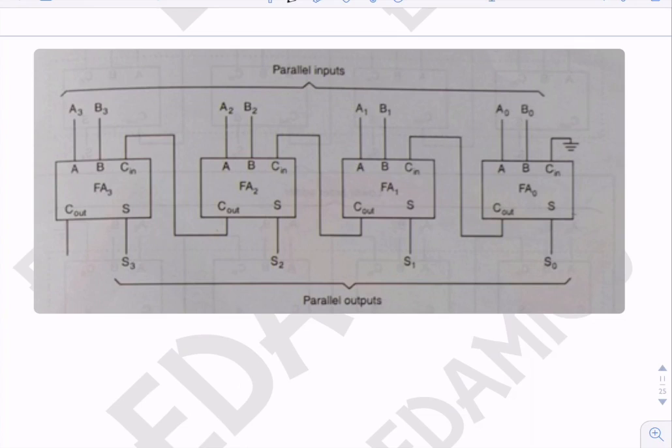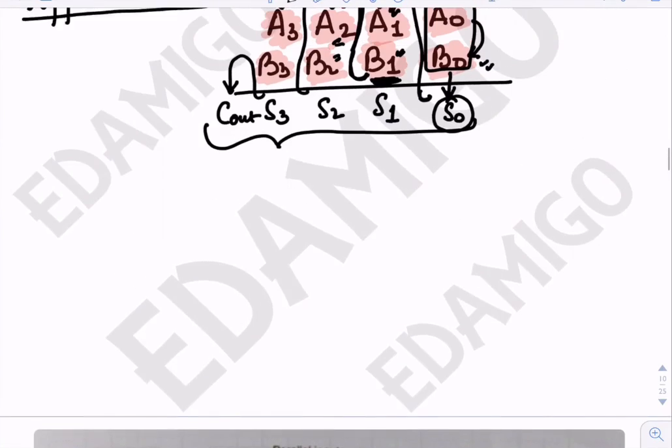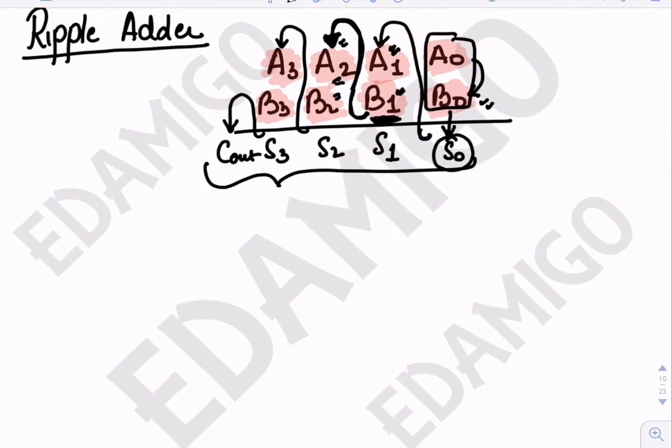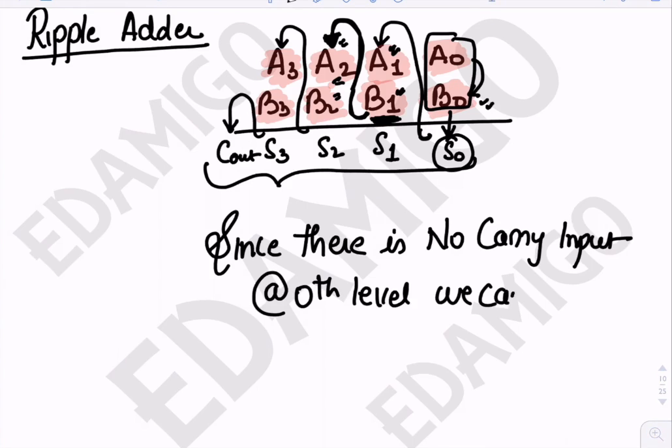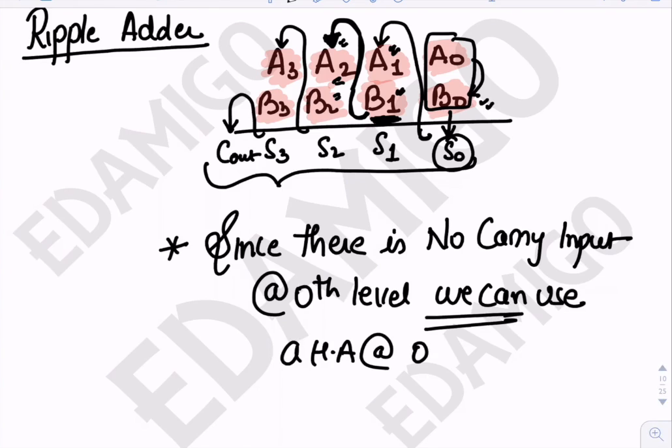Okay, now I have used four full adders. But an important point here is that since there is no carry input at the 0th level, we can use a half adder at the 0th level also.